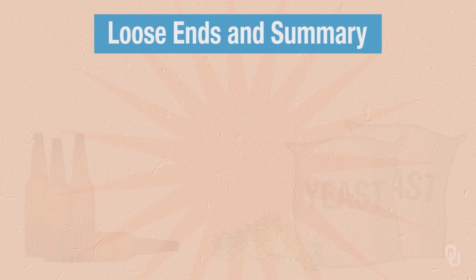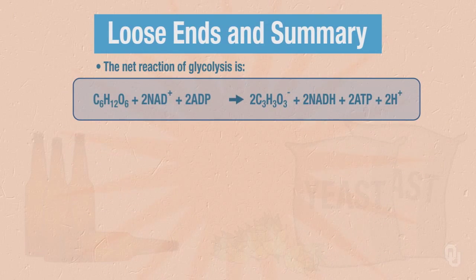So now we're ready to tie together some loose ends and to summarize our discussion. We've seen that the net reaction of glycolysis is, we start with 1 glucose, 2 NAD+, plus 2 ADP, and we form 2 pyruvate, plus 2 NADH, plus 2 ATP, plus 2 protons.